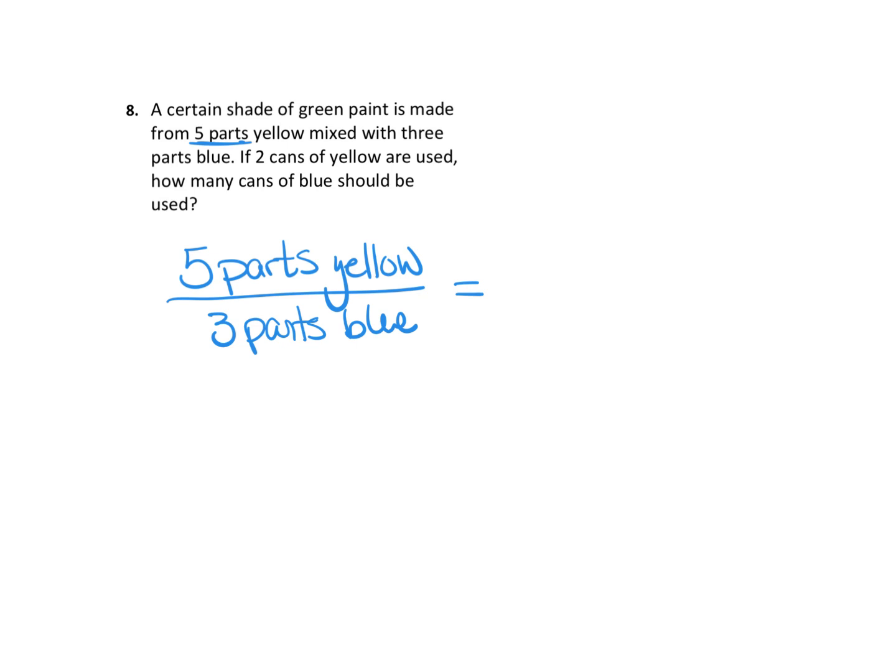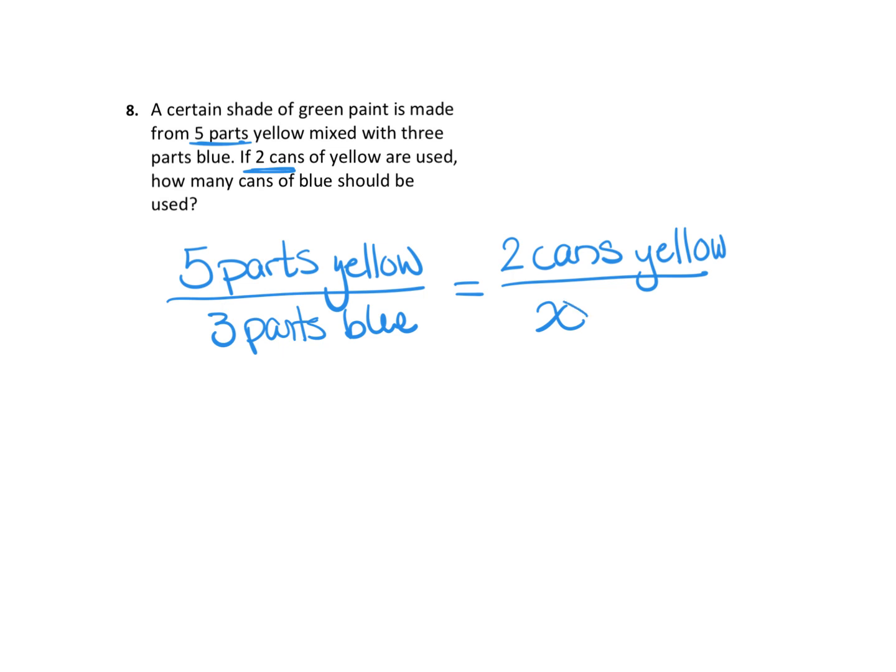All right, so now we need to line up our 2 cans of yellow. So I'm going to have the 2 cans. And in this case, we're making sure that we're lining up the yellow, even though we've got parts and we've got cans. So as long as the yellows are lined up, now we can solve for our blue, how many cans.